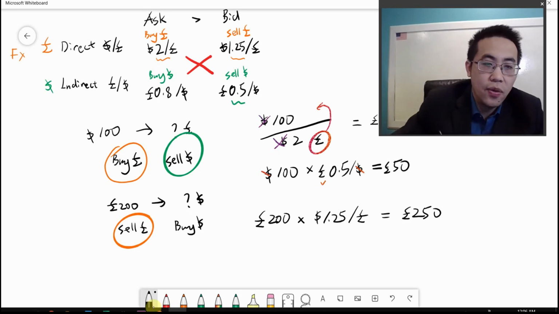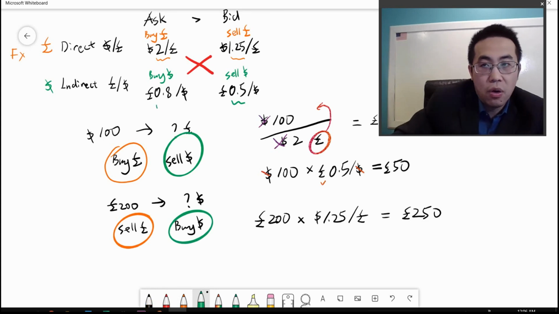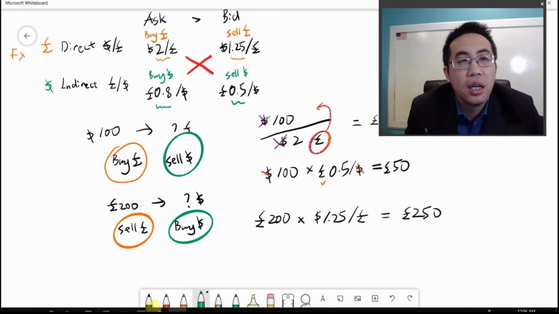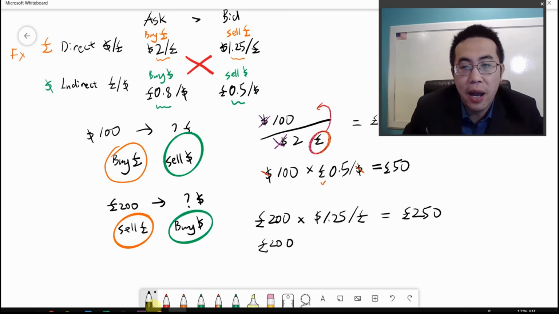Alrighty, and if you are focusing on the buying dollar part of the story, then you will need to buy dollars, and then you will go for the ask price in the indirect quote. So if you are buying things, you're going to use the money you have in your hand, which is 200 pounds, divided by the price, which is 0.8 pound per dollar.